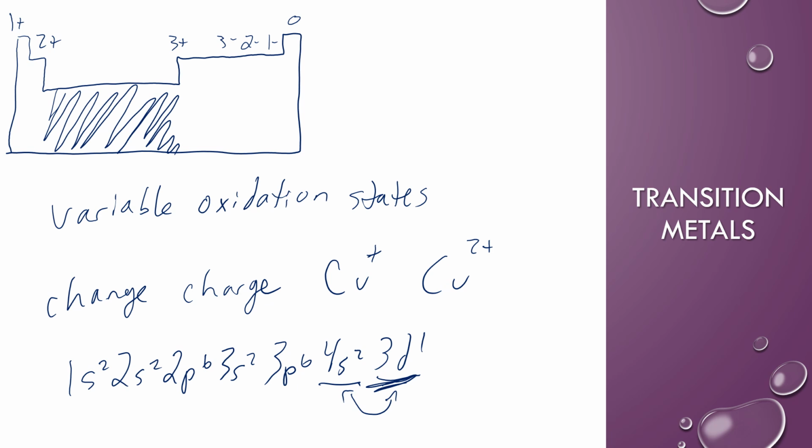So because of that D sublevel being so close in energy to 4s, it can form those different charges. So we're going to have to indicate somehow in our name the charge on the transition metal when we're naming these compounds, or we can use context clues of like how many of a certain ion it's bound to figure out the charge.